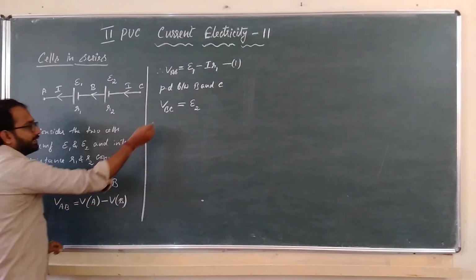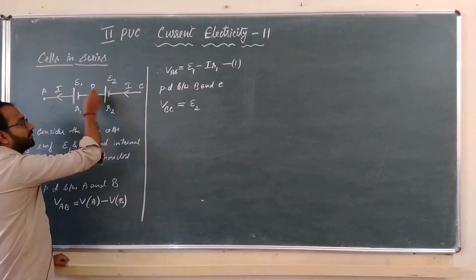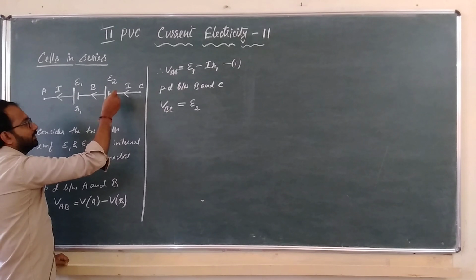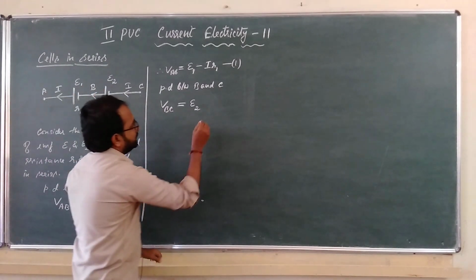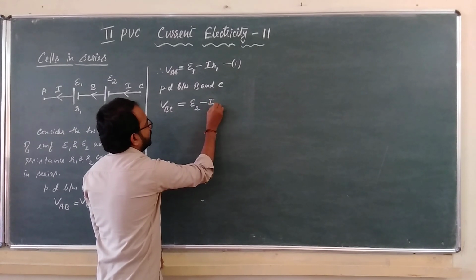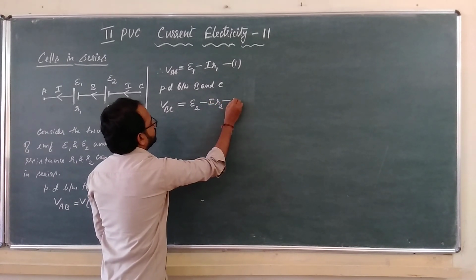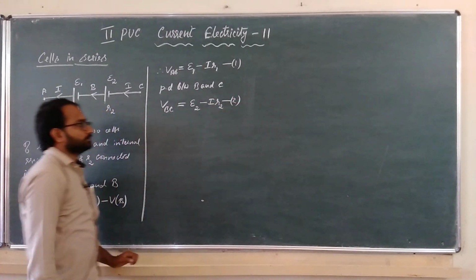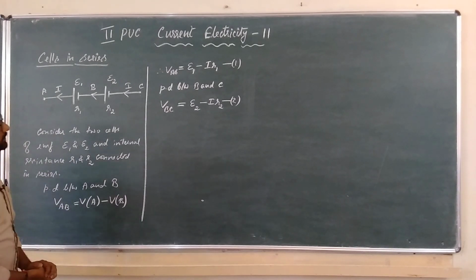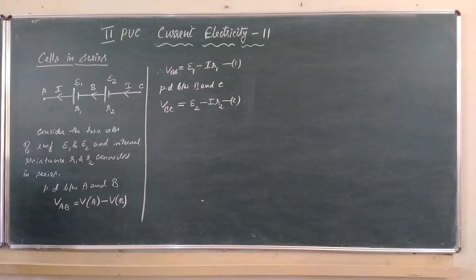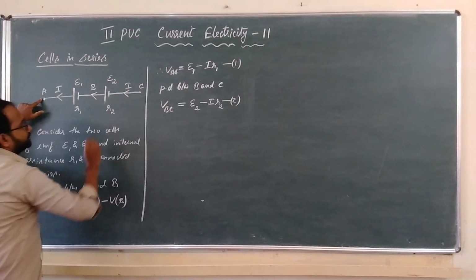Now since I am writing the terminal potential difference, now I have to consider the current flowing through the cell, current is flowing from lower potential to higher potential inside this cell. So therefore minus I into R2. Okay. Right. So that is expression for potential difference between B and C. Okay. So now what is the potential difference between A and C?